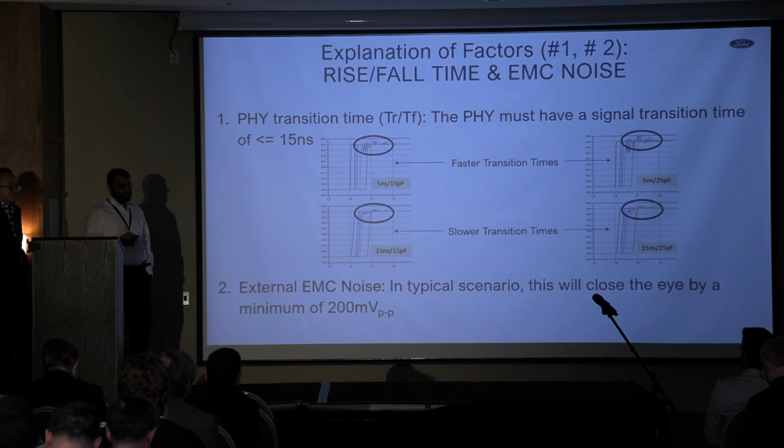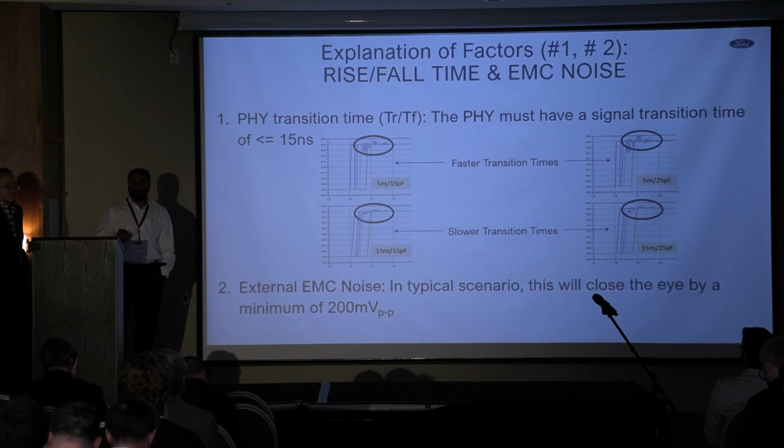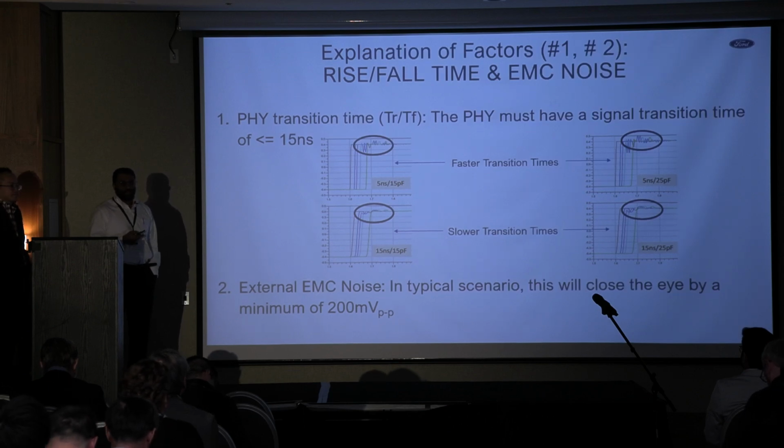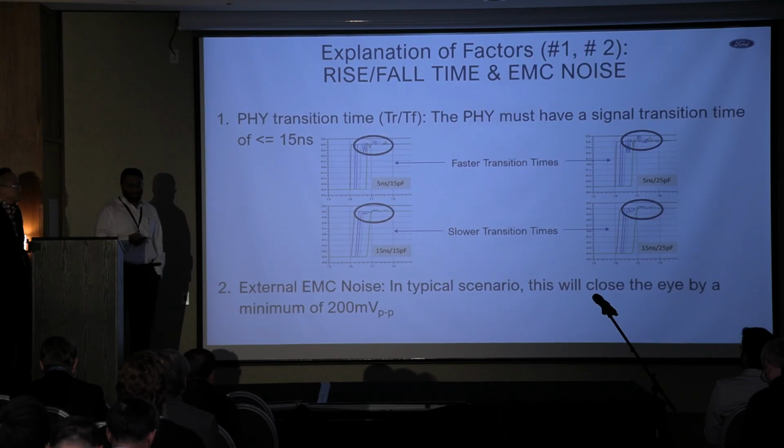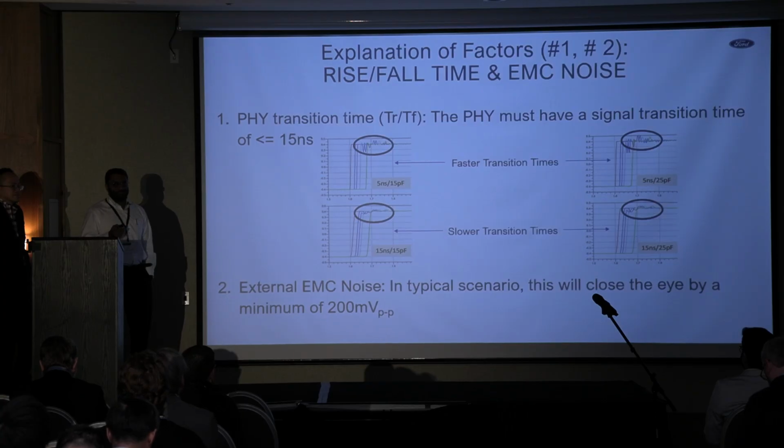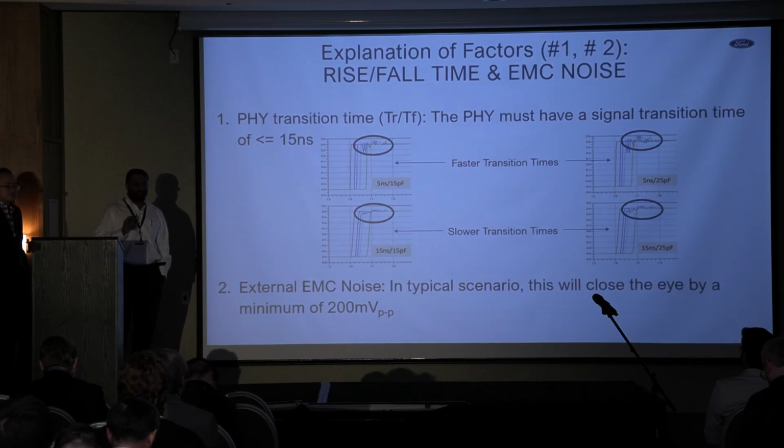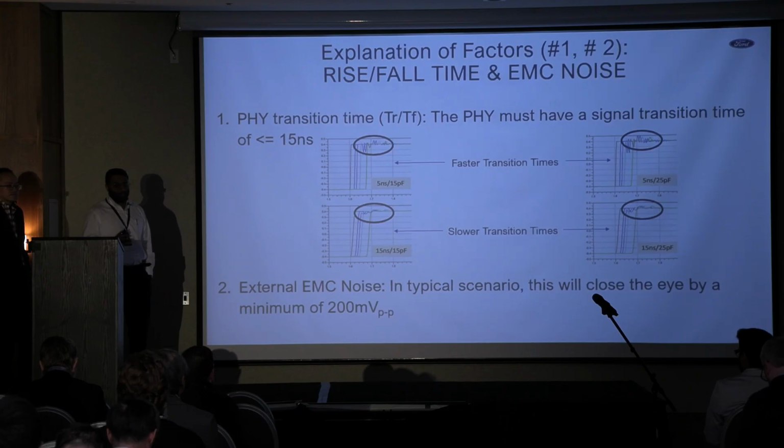The second factor is the external EMC noise. Obviously, in an automotive environment, we have a lot of EMC noise that affects our signal integrity within the vehicle. In our typical use case, based on the EMC noise, we could see around 200 millivolts peak-to-peak closure of the eye in our typical EMC environment. So these are the first two factors.